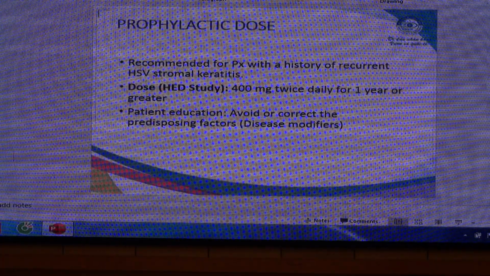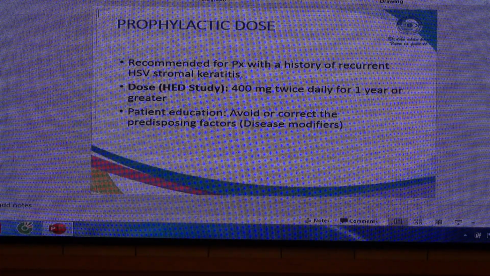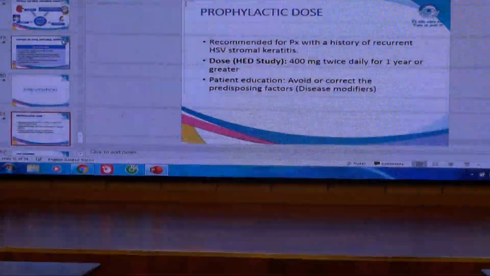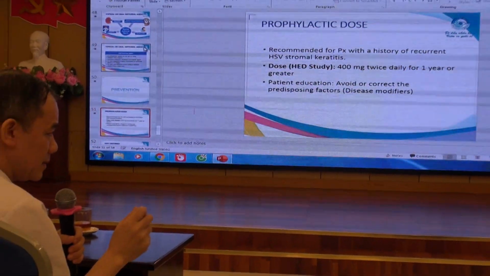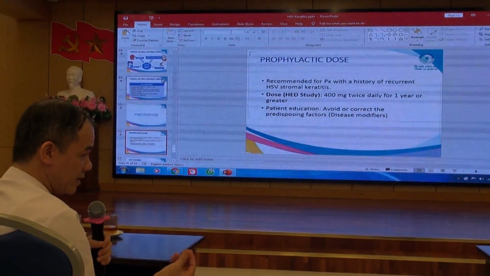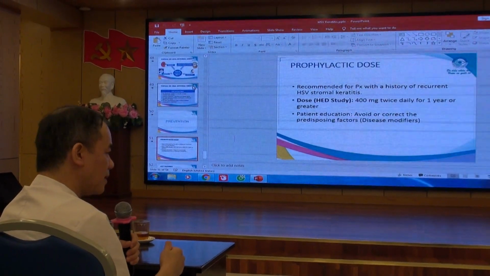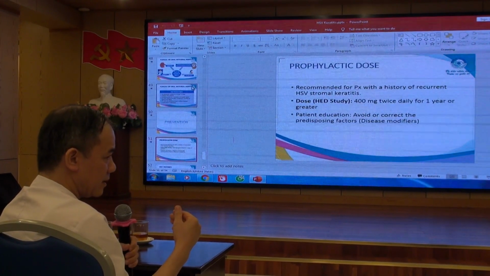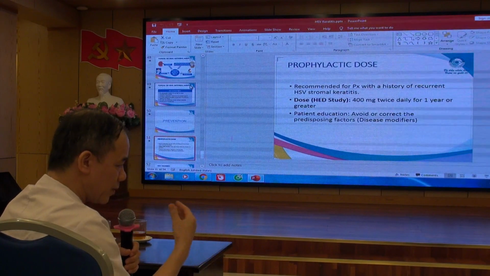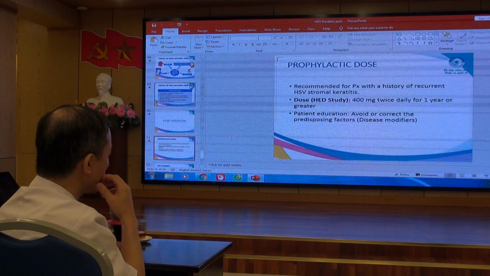I think diagnosing herpes simplex keratitis is very difficult. It's easy with typical signs, like dendritic, geographic, and also endotheliitis. But the rest is very difficult because we cannot find it exactly. Sometimes we just guess, and we also base it on the criteria for diagnosing.